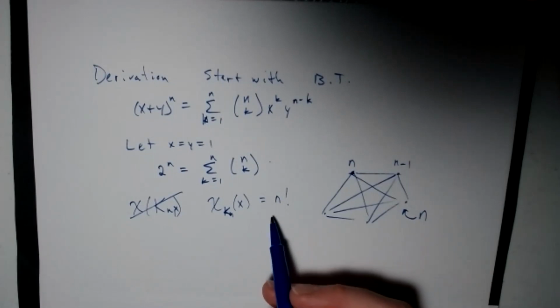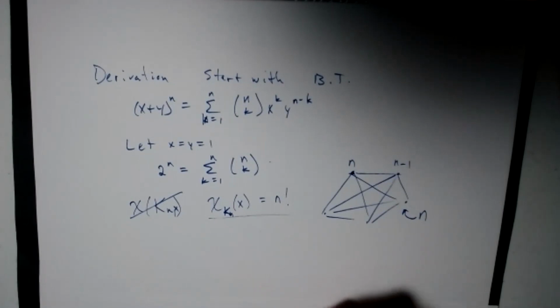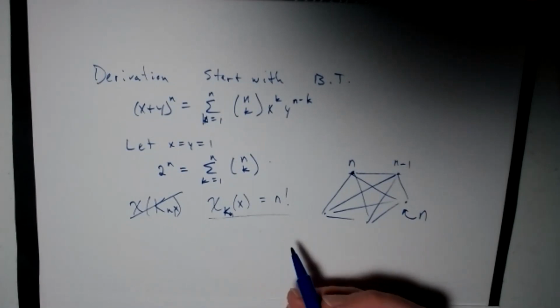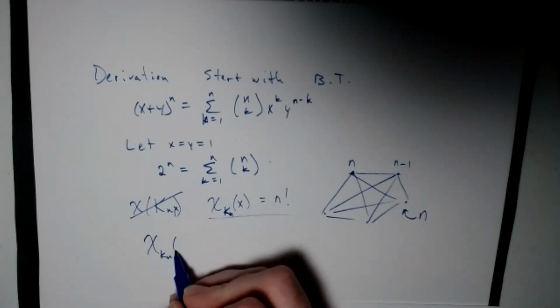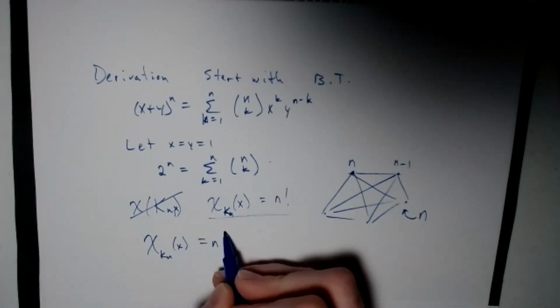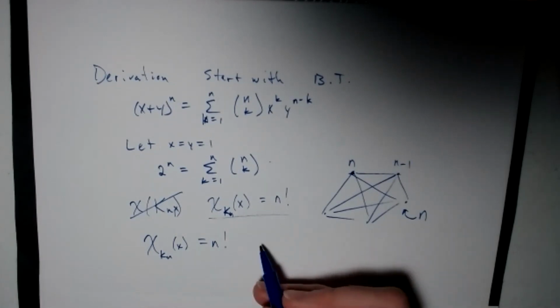But suppose I were guessing at the expression, and then I wanted to verify it after the fact, then I would say, well, the chromatic polynomial of Kn is equal to n factorial. And then I would prove it.